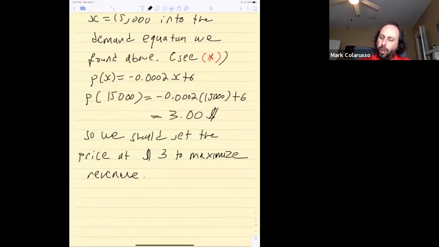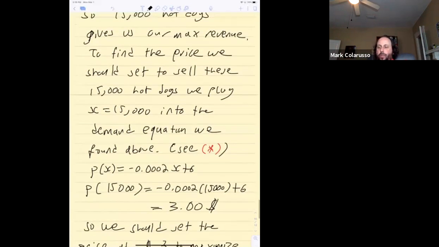Okay, now of course, the revenue isn't the complete picture, right? Because you're not just going to make all this from selling 15,000 hot dogs. You have some costs, right? There's a cost keeping the concession stand open. People work there, they have to be paid. And you have to buy the hot dogs and maybe the condiments, but we're not even getting into that.